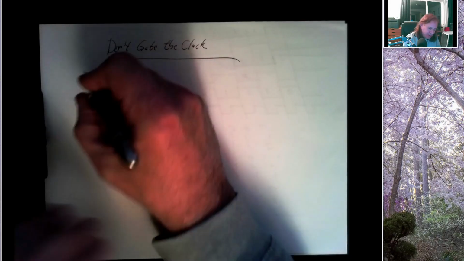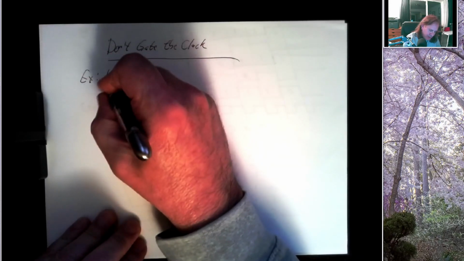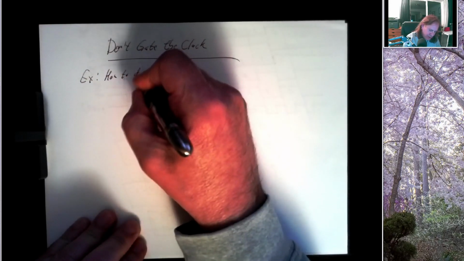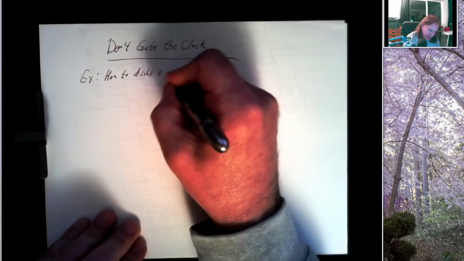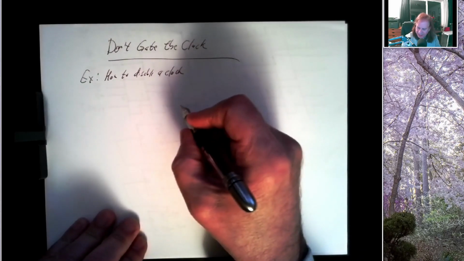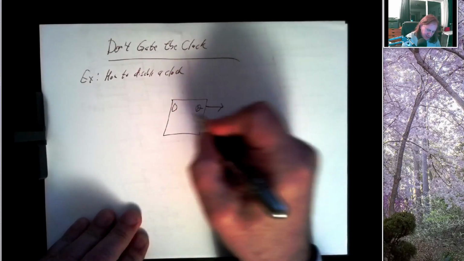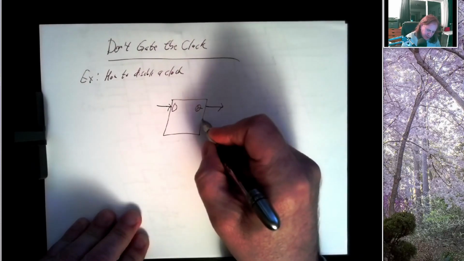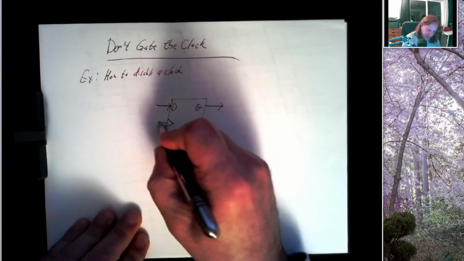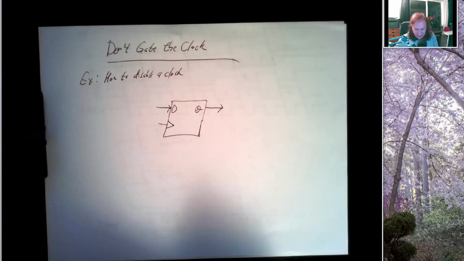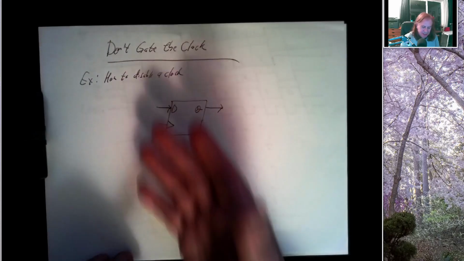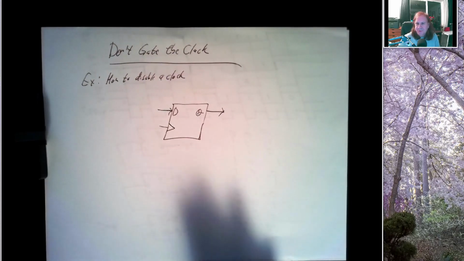For example, how to disable a clock. Suppose we have a D flip-flop. There's a D input, there's a Q output, and there's a clock. And we want to be able to say, do we want this flip-flop to load the value of D in, or should it ignore it?